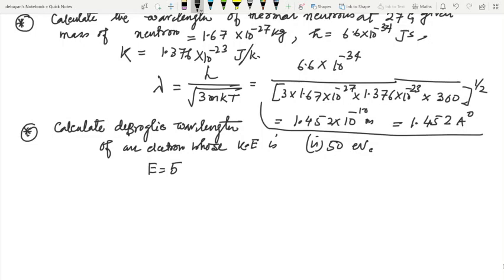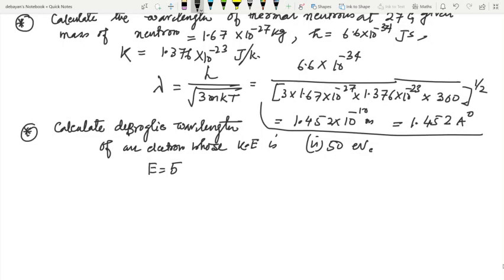Another type of problem that may be given is if the question comes like this: find the de Broglie wavelength of an electron in the first Bohr orbit.